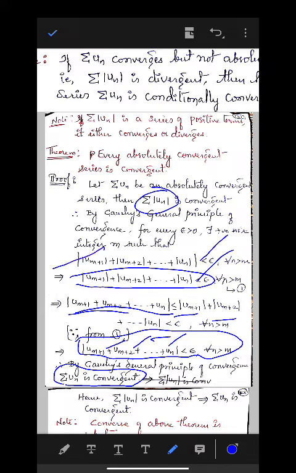We have taken absolute convergence, means modulus of un is convergent we have taken, and we have shown only un is convergent according to Cauchy's general principle of convergence, right? So therefore I can say that summation modulus un is convergent, hence summation un is convergent.